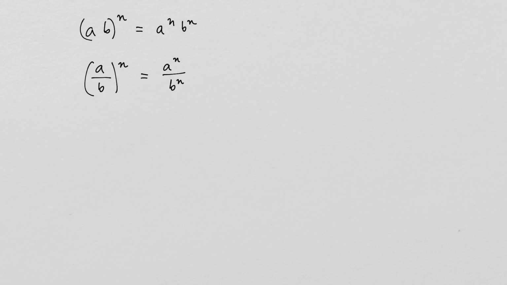So, for example, if we would have 3 divided by 4 to power 2, it comes 3 to power 2 divided by 4 to power 2, 9 divided by 16 is the result.